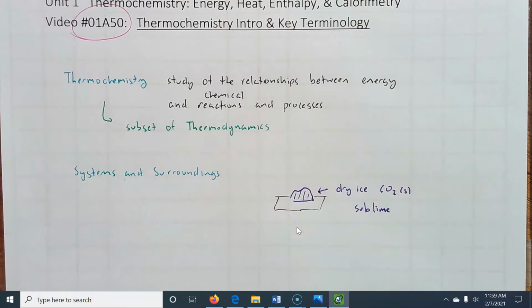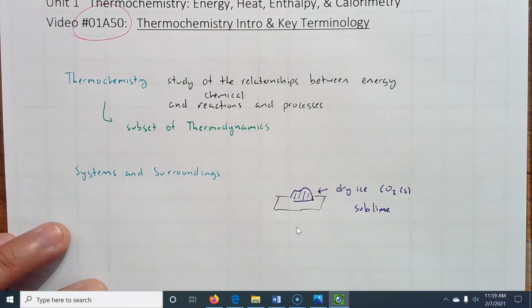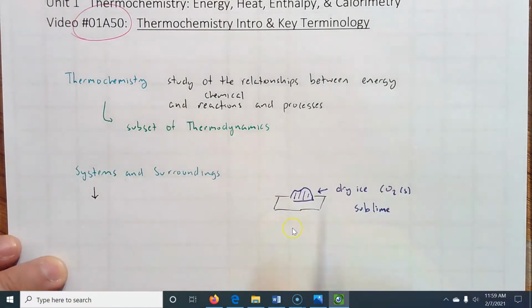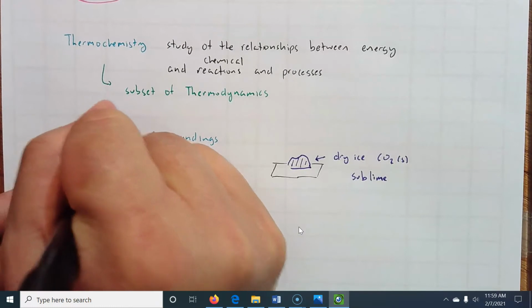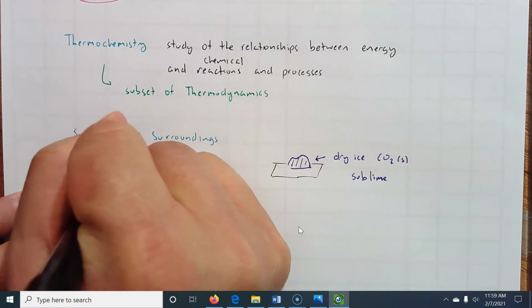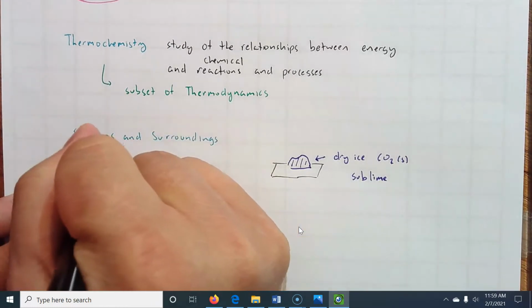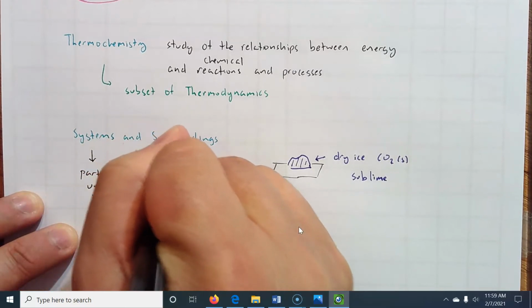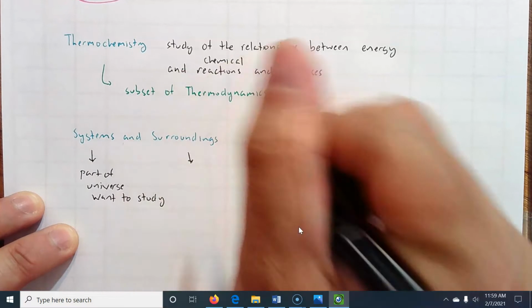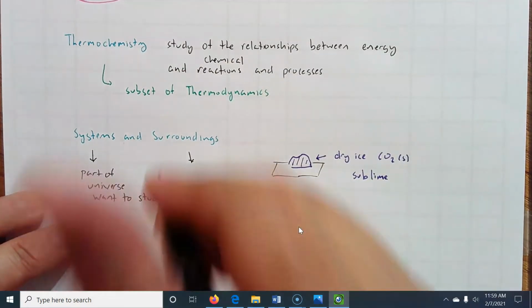Okay. And the system is the part of the universe that you want to study. And the surroundings are the rest of the universe.